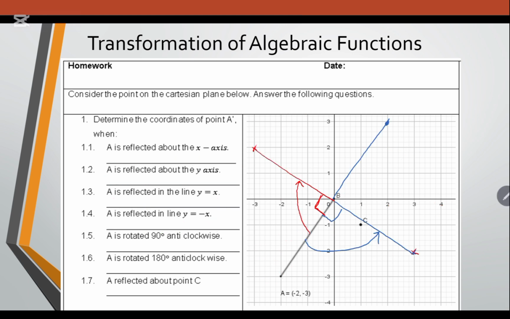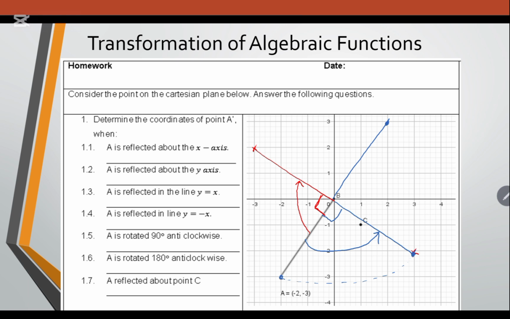Question 1.5, they say determine the coordinate of point A prime when it is rotated 90 degrees anti-clockwise direction. So here is point A. When it is rotated 90 degrees anti-clockwise direction, this is the anti-clockwise direction movement.